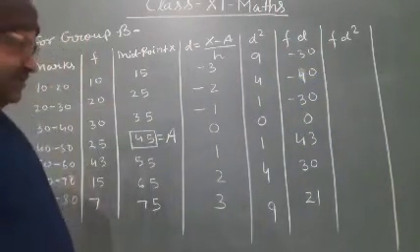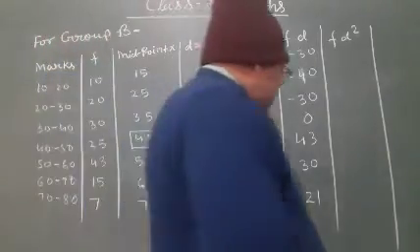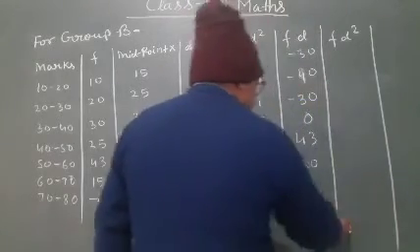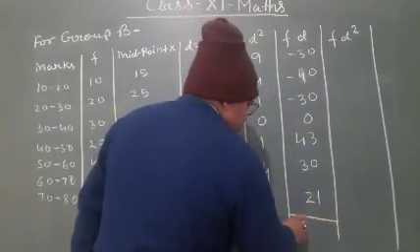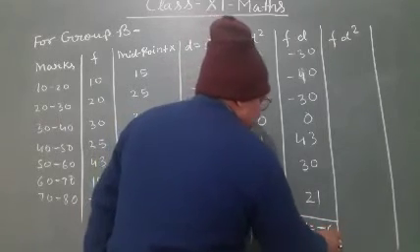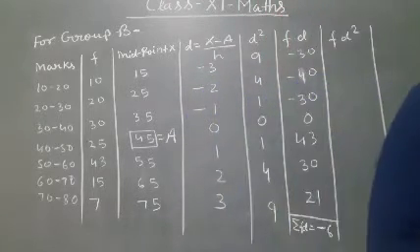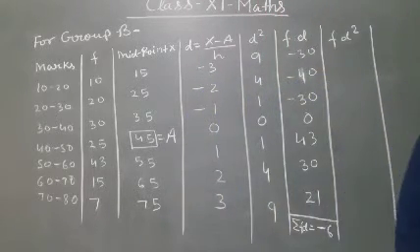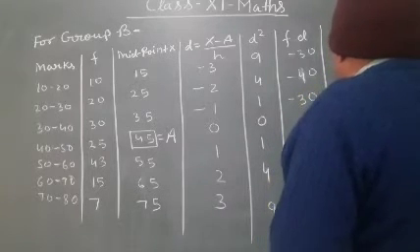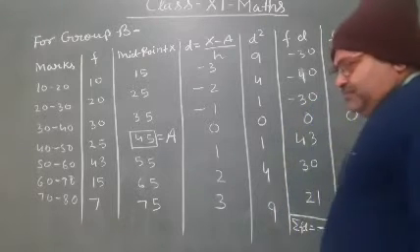This is f d and f d square. We find the sum of f d, sigma of f d is -6, and f d square: 90, 80, 43, 0, 43, 60, 63.